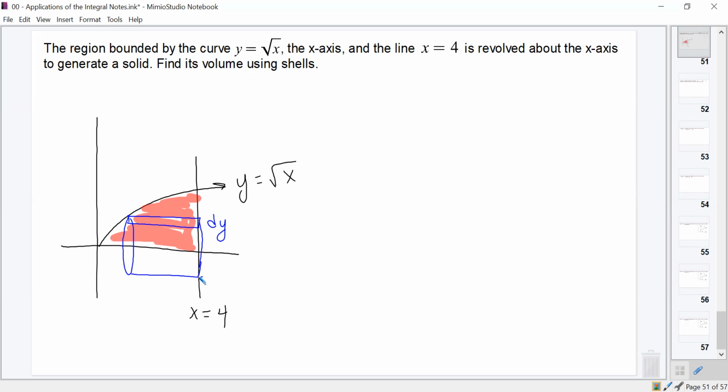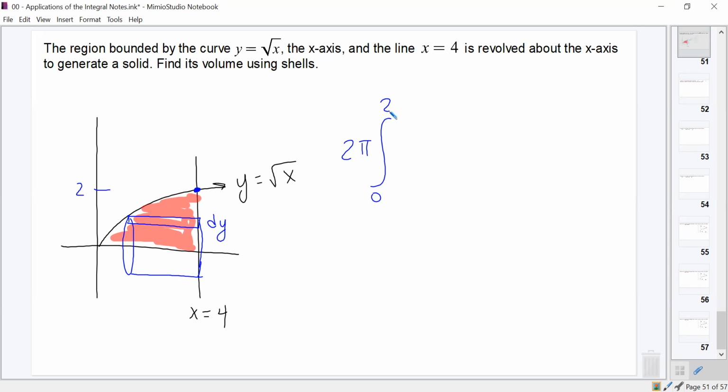Okay? And all we need to do is 2 pi times an integral from the lower bound of our region, since we're doing this in terms of y, so 0, to the upper bound of our region. So if x is 4, y would have to be 2. So we'll do 2 pi times the integral from 0 to 2. And then we're going to do the radius and the height.